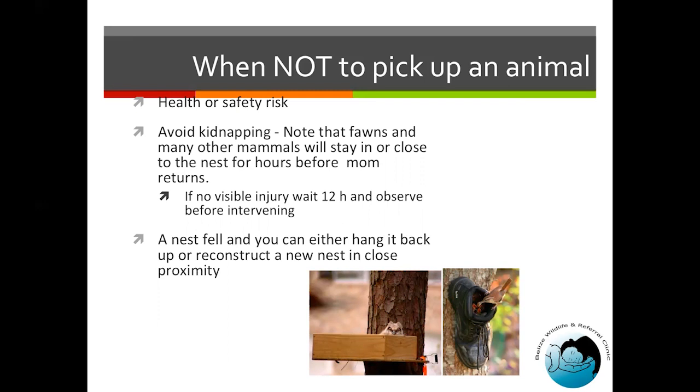It needs to then be closely monitored, and you should be in touch with your local wildlife rehabilitator. But again, sometimes these animals do not have to leave the site and go into a rehab center, but they can stay right on site in an improvised nest.